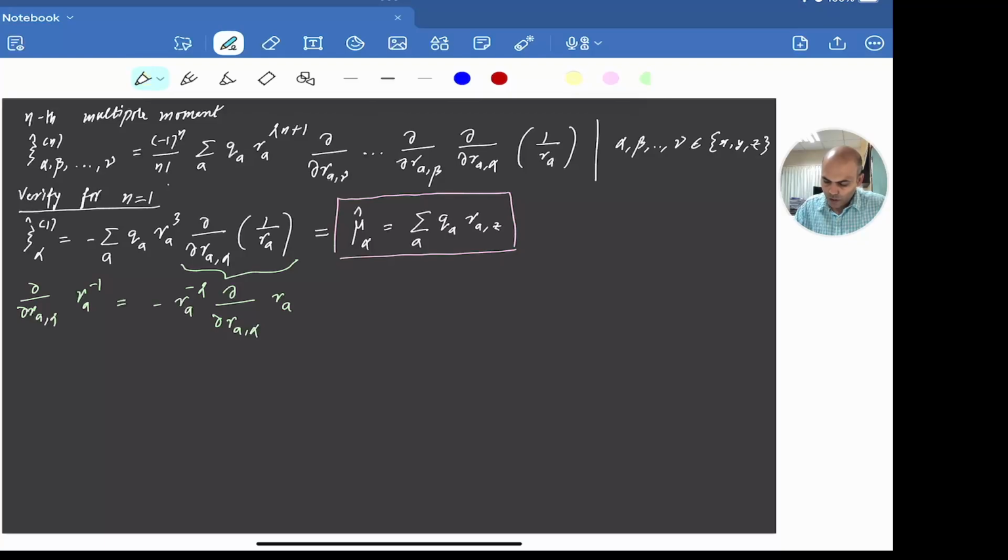So we are going to substitute here the more familiar expression of distance equal to square root of x square plus y square plus z square, which is the length of the vector. So we will have negative 1 over Ra square dou by dou Ra alpha of the sum over, I'm not going to use alpha, I'm going to use beta, another dummy index.